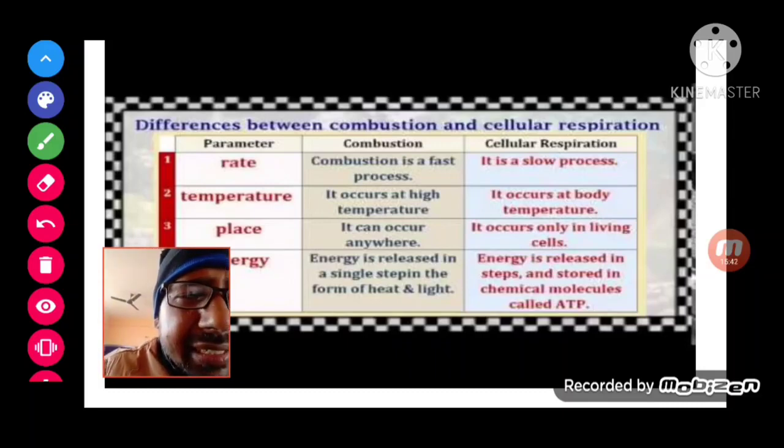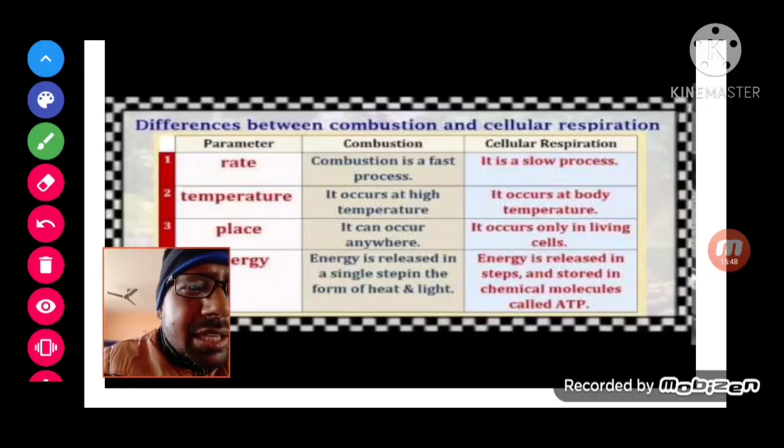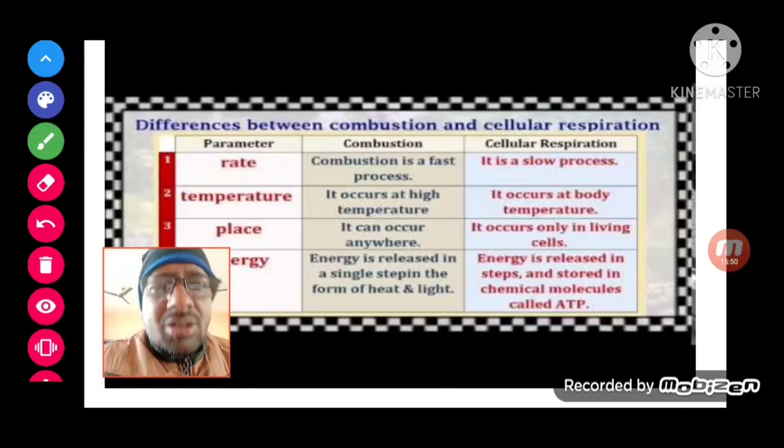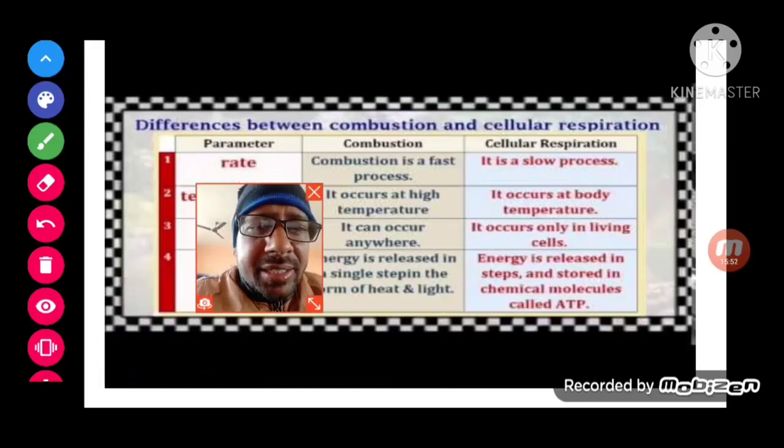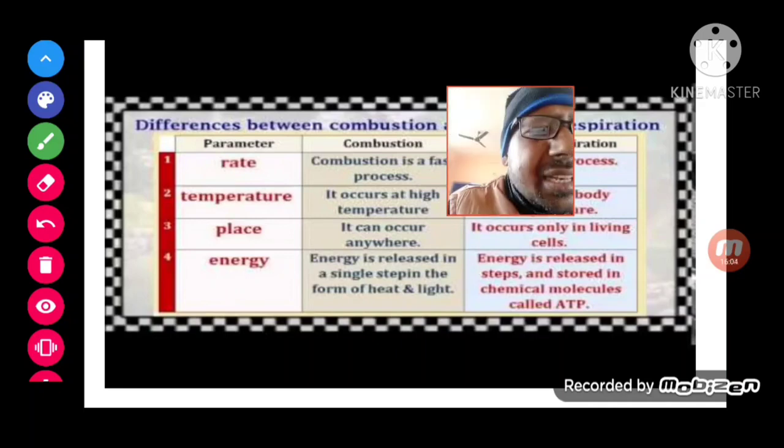Place. Combustion can occur anywhere. But cellular respiration, meaning respiration, always happens inside the body. And energy is released in a single step in the form of heat and light.